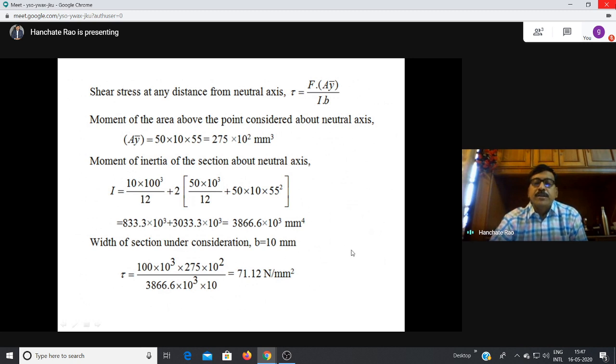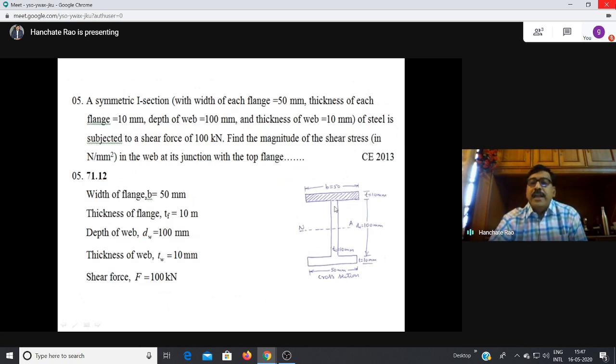Now, the width of the section under consideration. This is very important. You are calculating in the web, so the width you have to consider is the thickness of the web, which is equal to 10 mm. You should not consider the width of the flange, because he has asked for the magnitude of the shear stress in the web at the junction.